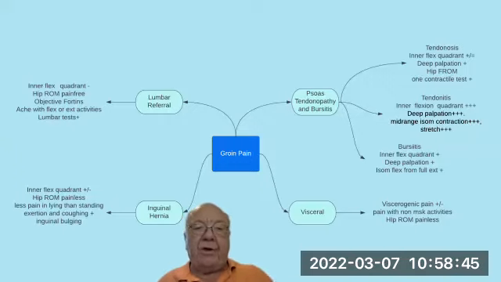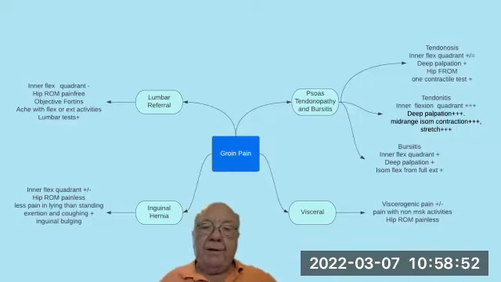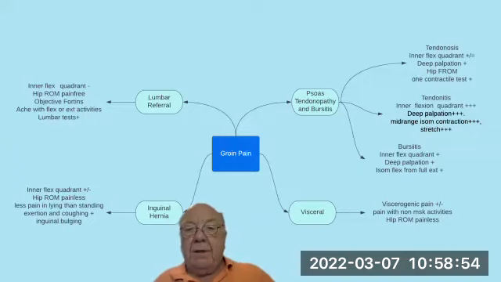To say, the pain comes on after exertion and activities, and the PAs over the lumbar spine will be positive. Now for tendinopathy and bursitis, this depends on which one we're looking at, but with a tendinosis, the inner flexion quadrant may well be negative when you do this.